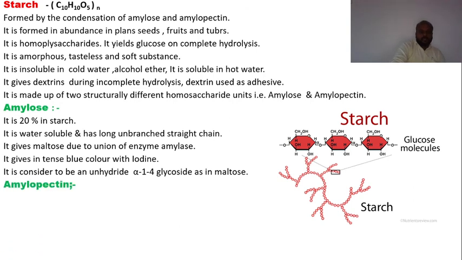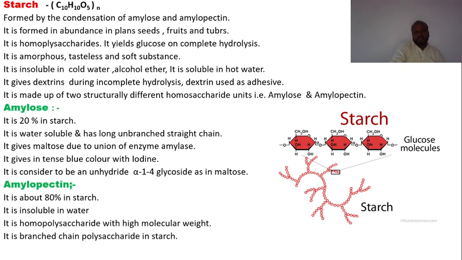Then amylopectin is the majority part of starch, 80%. It is insoluble in water. It is a homopolysaccharide with high molecular weight, and it is a branched chain polysaccharide in starch.